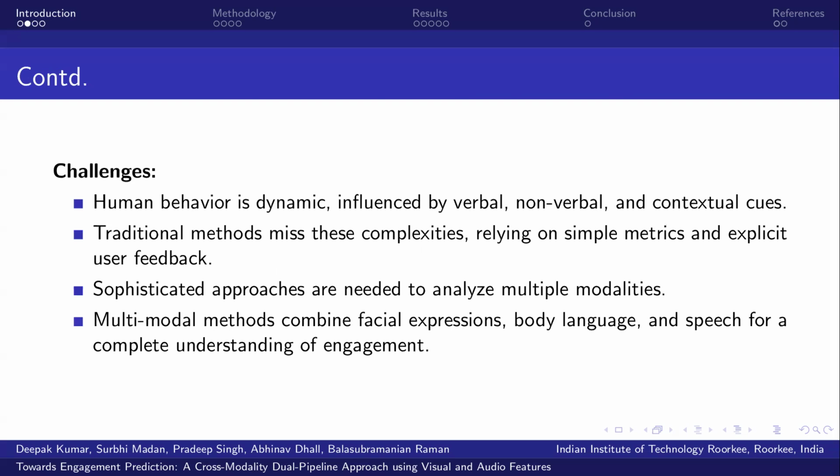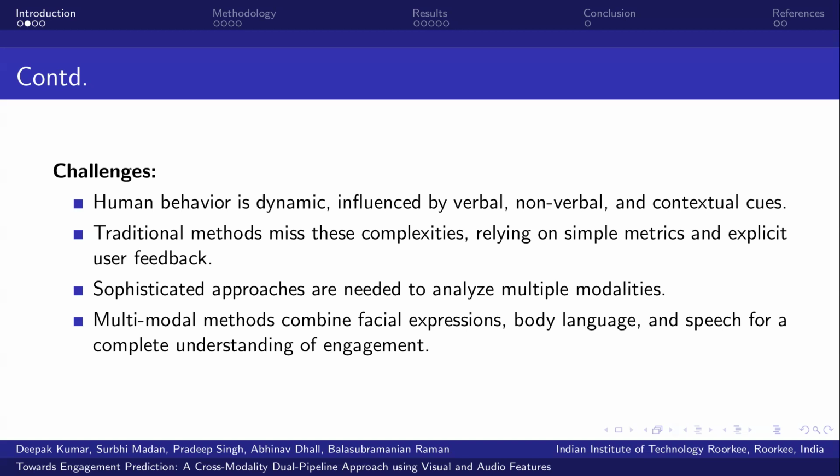There are many challenges when we come to engagement prediction, in which human behavior is complex and constantly changing, influenced by a mix of spoken words, body language, and the situation. Traditional methods often miss these details as they depend on basic measures or direct user feedback, which cannot fully capture how people engage.